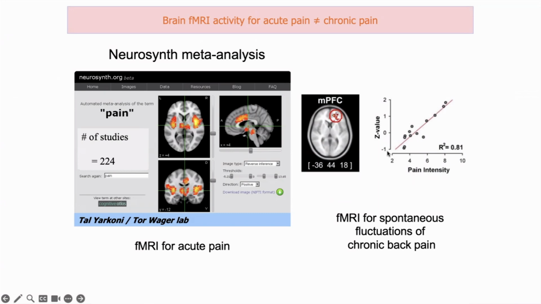Yet if I plot the activity in this region across all the subjects, I see that their pain intensity at the time when the brain scans were done very nicely correlates to that brain region.